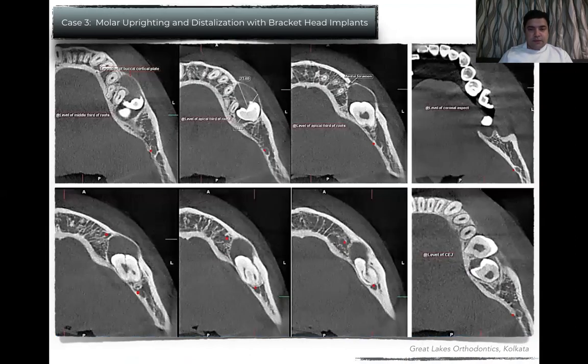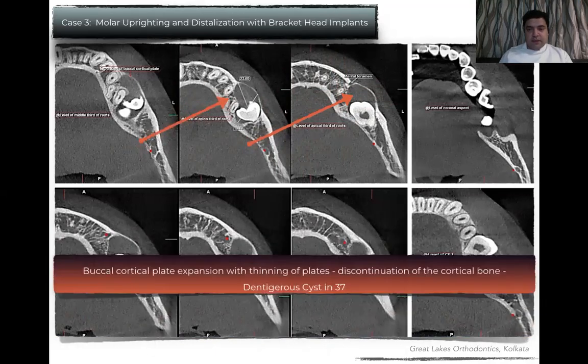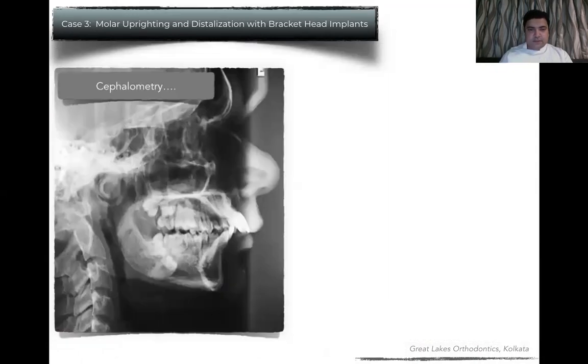In the occlusal view of the CBCT, there is quite a big dentigerous cyst associated with 3-7. There is a discontinuity in the cortical bone and buccal cortical plate expansion and thinning. That confirms that it requires a surgical intervention.